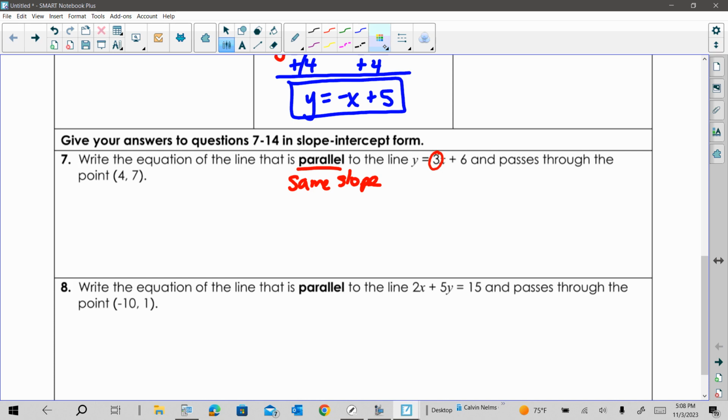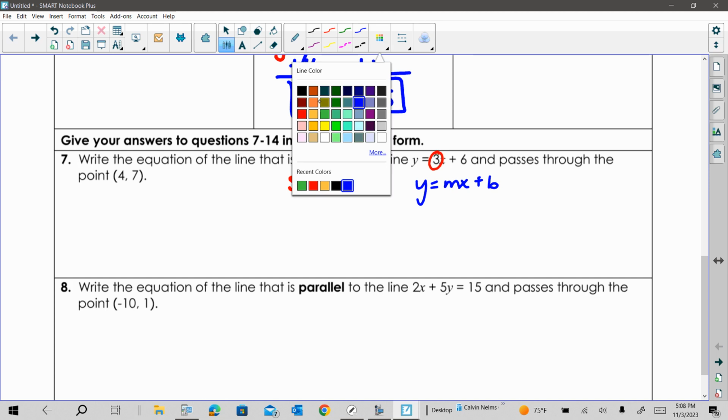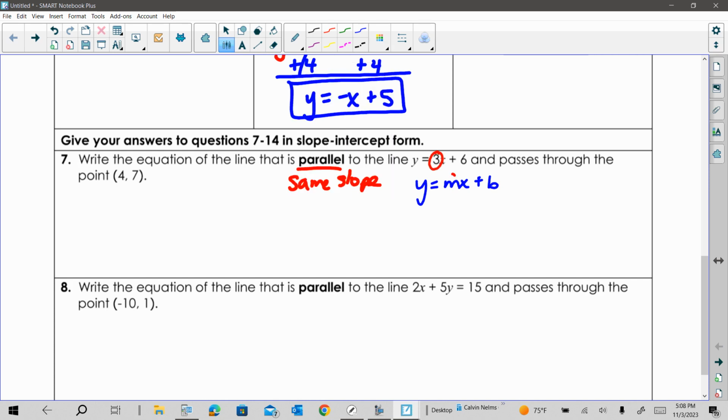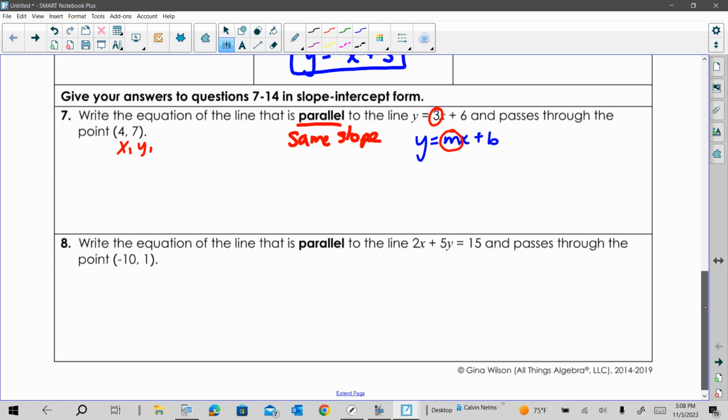We can only do that when it's in mx plus b form. So the m is in front of the x. So something like this, I already see that 3 is my slope, and then there's our x1 and y1. There's our point. We're plugging it in, following basically the steps in our flip book.